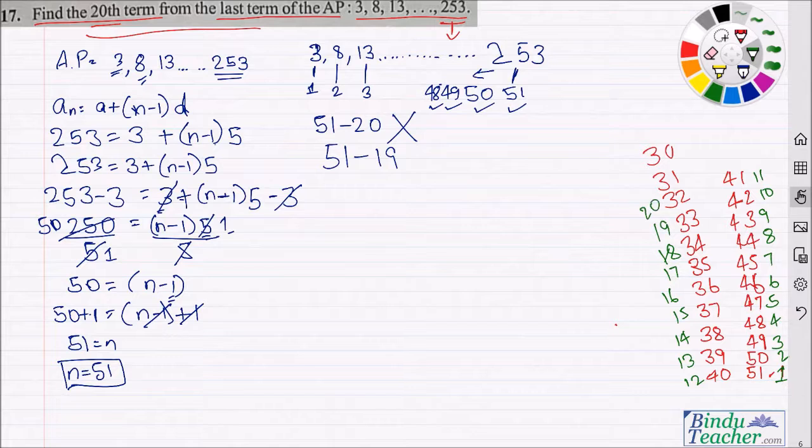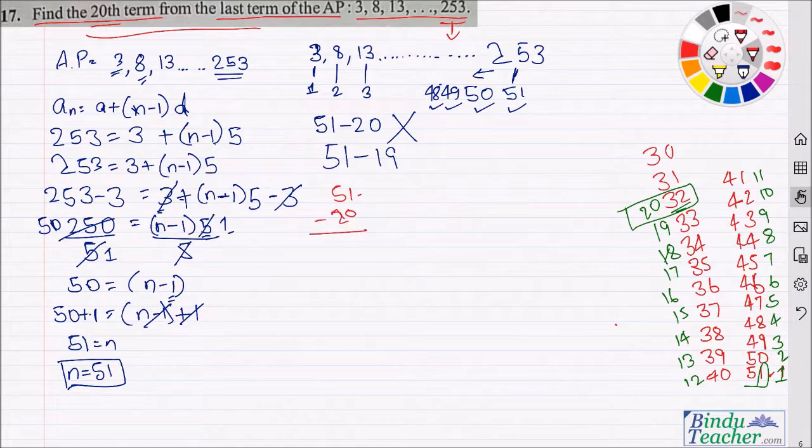So you see the 20th term from n equals 51 is 32. Now what will happen if I write 51 minus 20 directly?